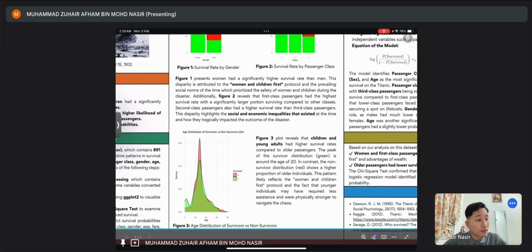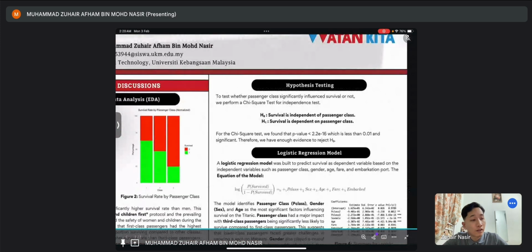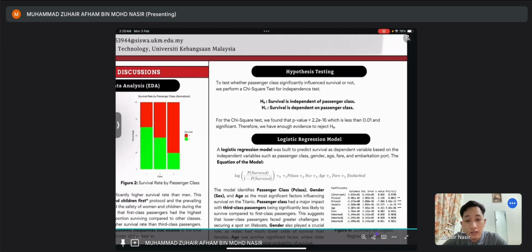Okay, next part is hypothesis testing. For this test, we performed a chi-square test of independence to check whether the passenger class significantly influences survival or not.